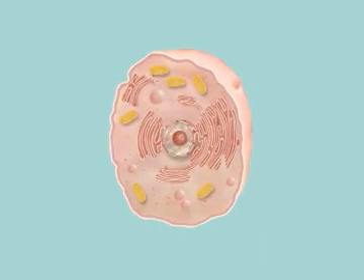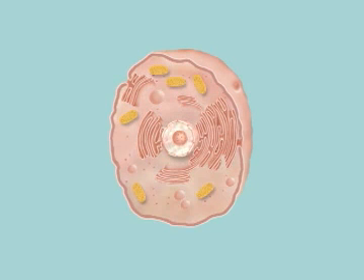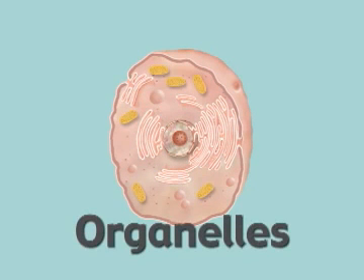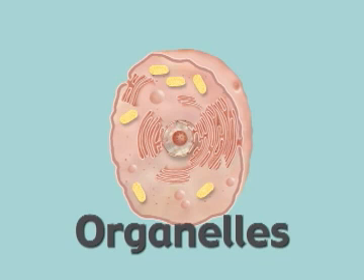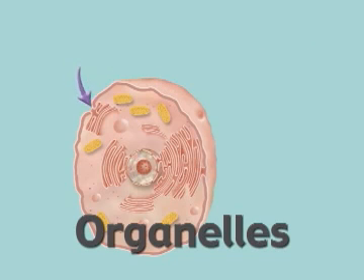We know that each cell has different parts. These parts, or structures, are called organelles, and they all have different functions. The organelles include the cell membrane, which is one of the three main parts of most cells. The cell membrane covers the cell, but it does have tiny holes to let in needed materials, while others let waste leave the cell.